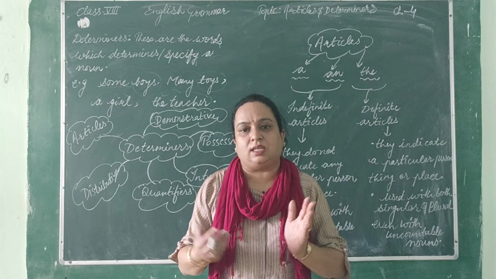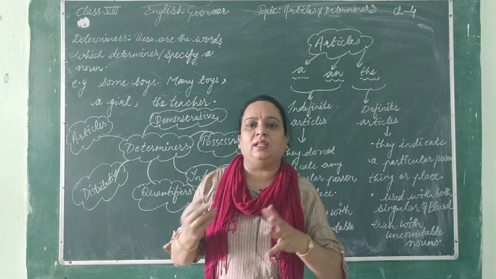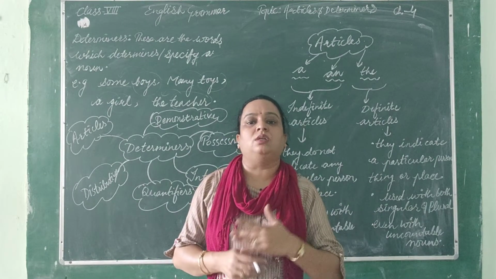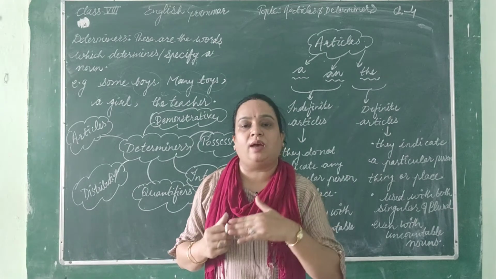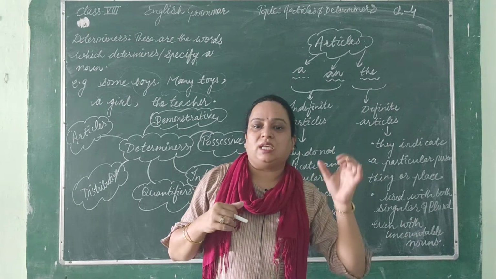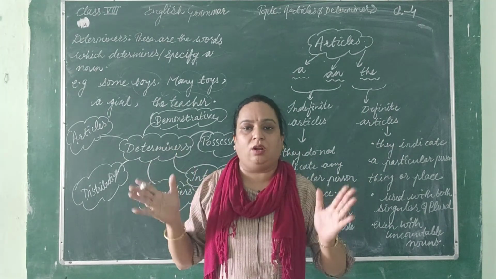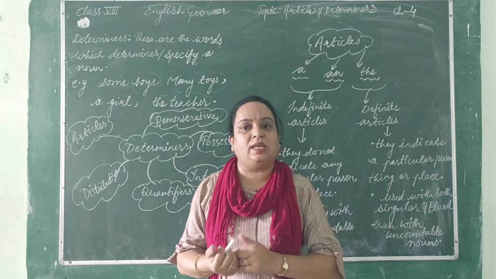That seems very easy to us, that we only have to place a, an and the. But there are some basic rules about where we have to put a, where we have to put an, and where we have to put the, right? Using a and an is quite easy, but the rule for the use of the is quite long. Okay, so we have to study that in this chapter.